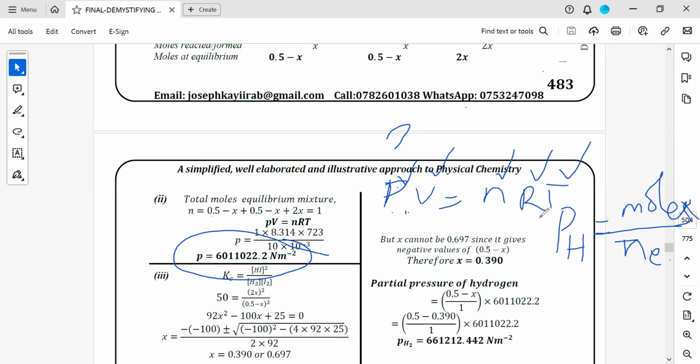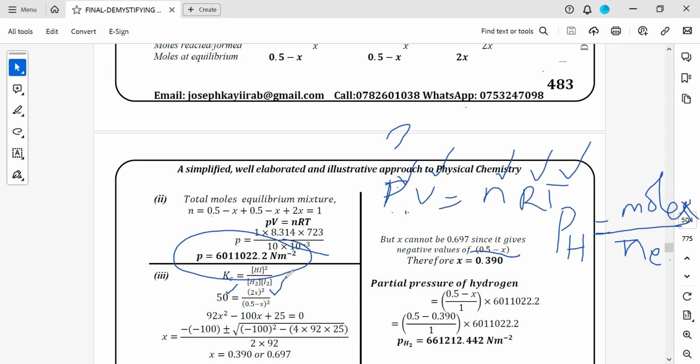The pressure, times the pressure that you have at that point. So that means you're going to use Kc, and since you already have your Kc, you're going to have it as 50 is equal to the concentration of hydrogen iodide squared divided by the concentrations of hydrogen and those of iodine, and then you're able to do the math.